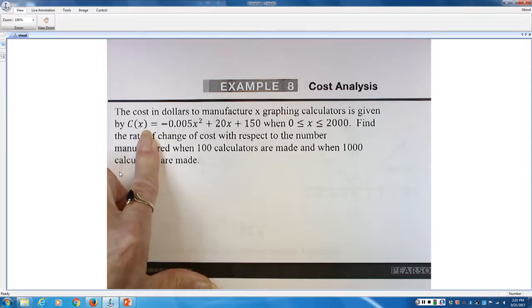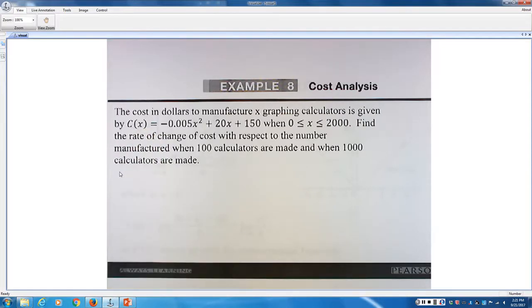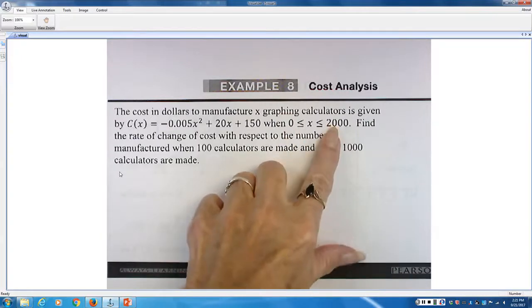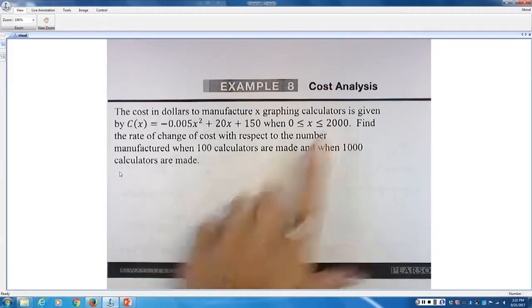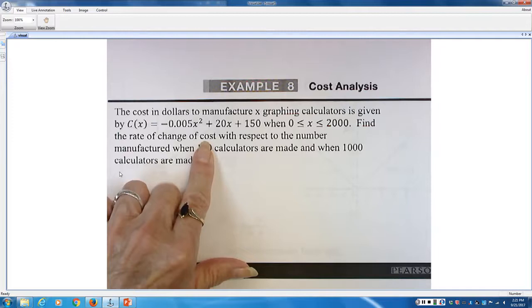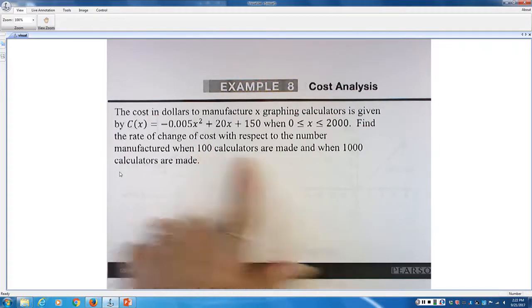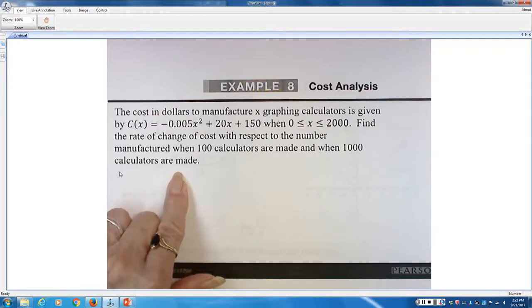They can be any kind of equation in the world. So the cost is given by C of x is equal to negative 0.05 x squared plus 20x plus 150 as long as x stays between 0 and 2000. Find the rate of change of costs with respect to the number manufactured when 100 calculators are made and when 1,000 calculators are made.